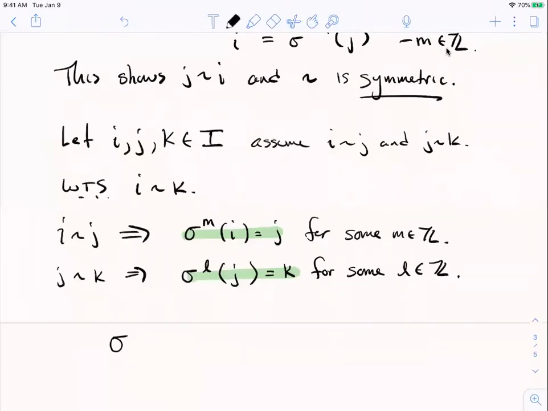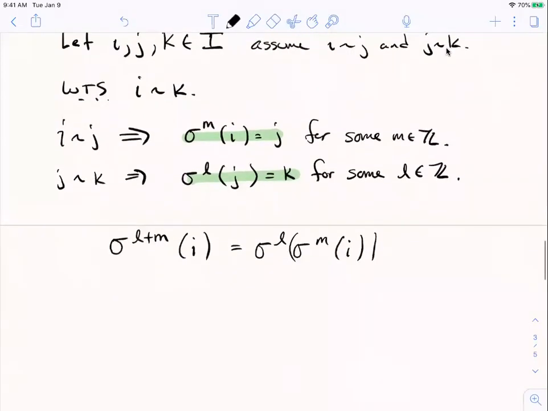Pause for dramatic effect. You see the power of sigma I'm going to look at? I'm going to look at sigma to the L plus m. Sigma to the L plus m of i, by rules of exponents, is sigma to the L of sigma to the m of i. But sigma to the m of i, we said, is j. And sigma to the L of j is k.